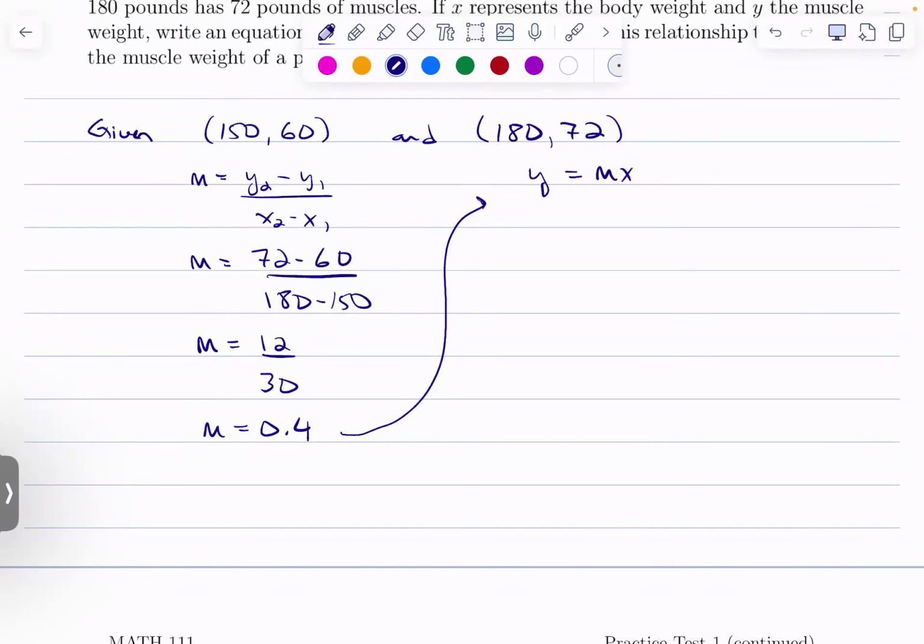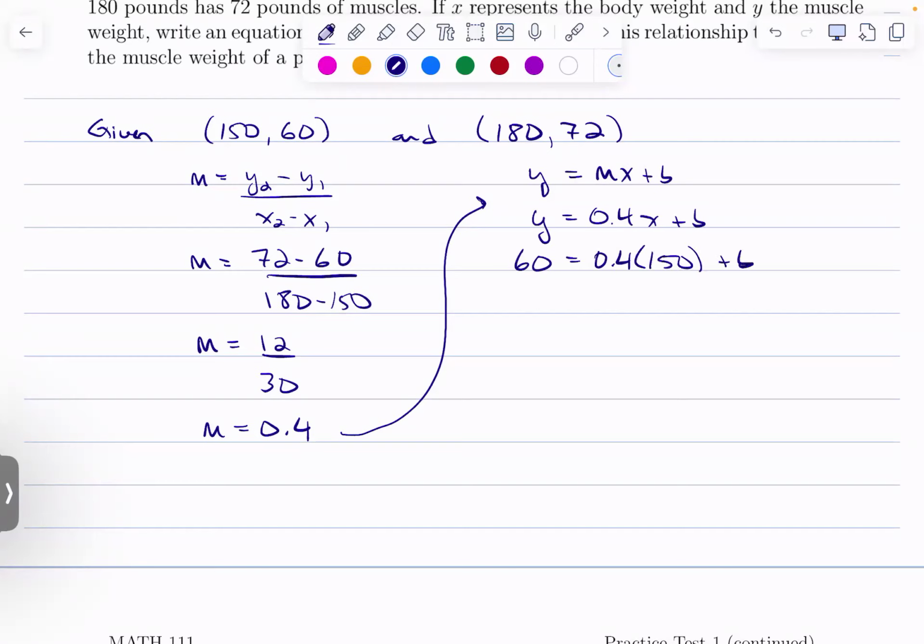y equals mx plus b means that y is going to be 0.4x plus b. Pick either one of these points, like I have been doing, I'll just pick the first one. 60 is 0.4 times 150 plus b, solving for b.